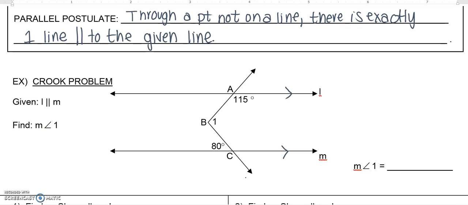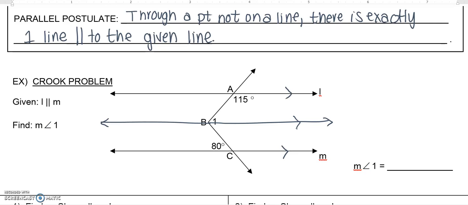What we'll do is create another parallel line through this crook so we can identify what the measure of angle 1 is.